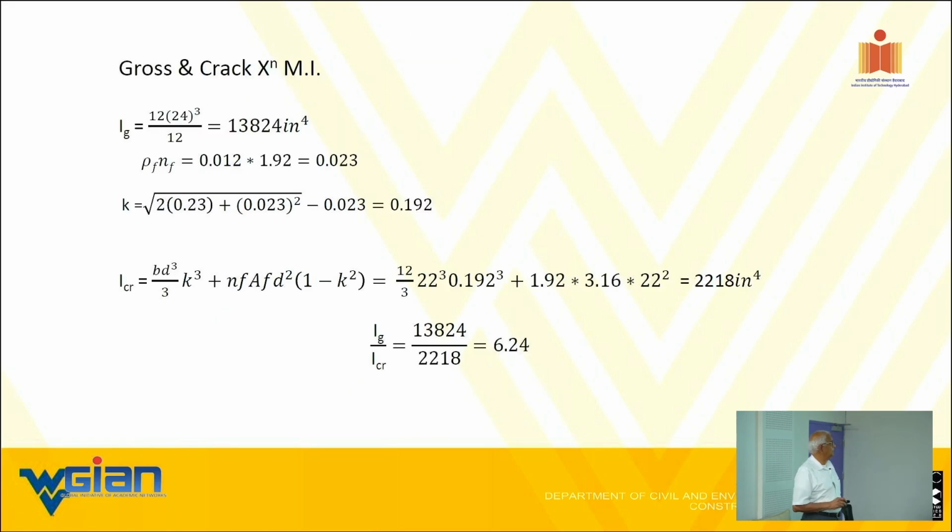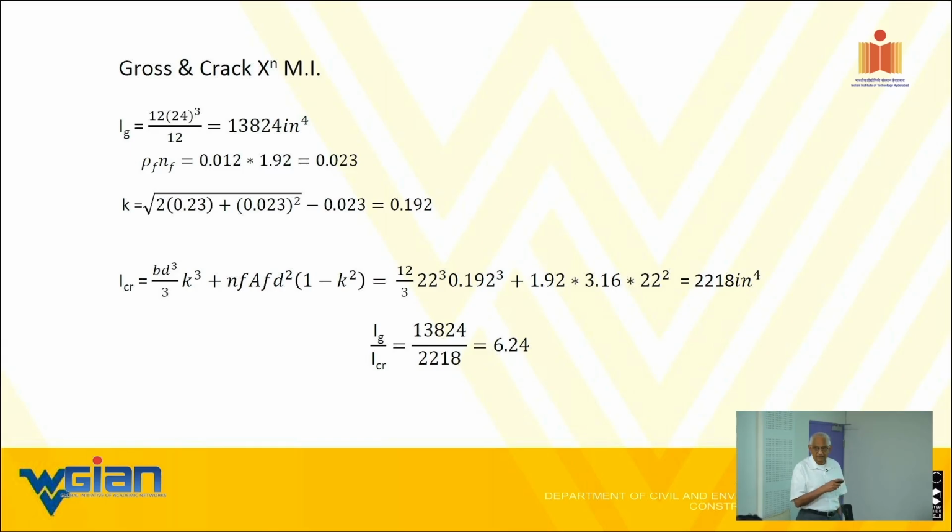Then we move on. Here, I already told you the gross moment of inertia is 13,000, and the cracked moment of inertia is 2,200. That's where I said in this case it is 6.5 times, it could be of the order of about 10 times for a cracked moment of inertia. Then you see how we found the cracked moment of inertia? 1/3 BD cube, but that D is the effective depth, that's why it is KD cube.